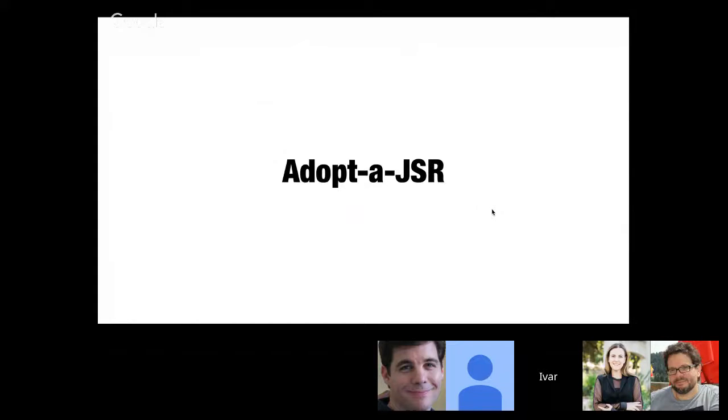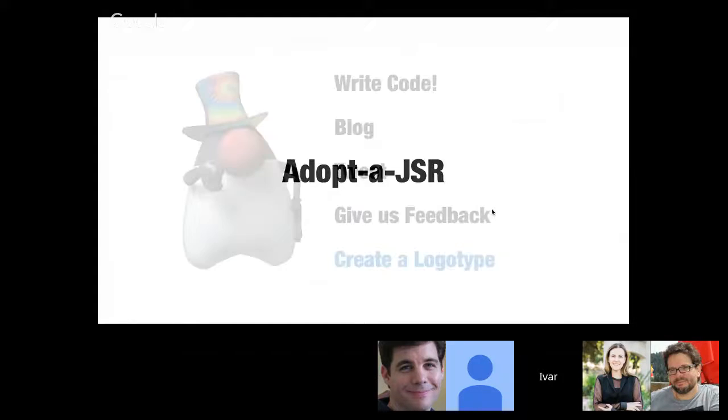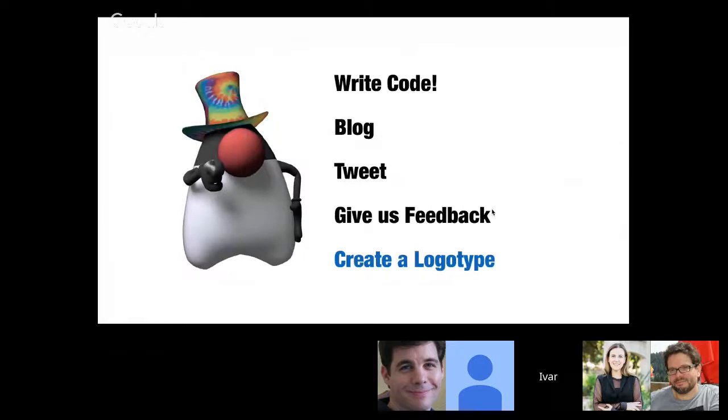So what about the Adopt-a-JSR activities? Right now, since we're not actually transferred yet and we're just waiting for the final go, we can't do very much other than what we've done all along. What we need help with is to spread the word, write code, write samples, try it out. You can find it on GitHub. Just download it.